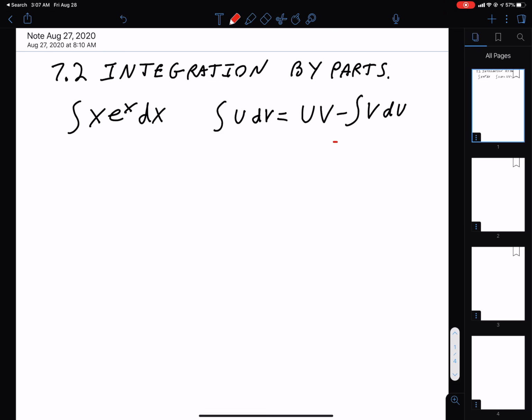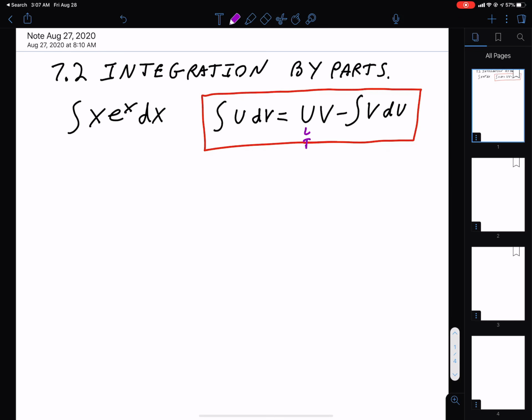Let me box this. This is your secret formula. And again, ultraviolet voodoo. It's kind of a mnemonic to help you remember. Ultraviolet voodoo.